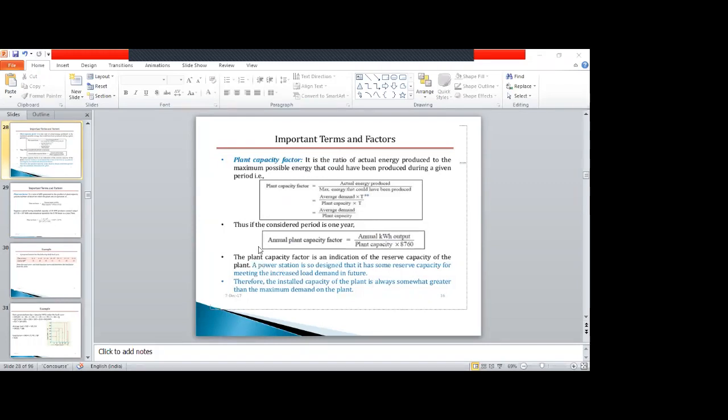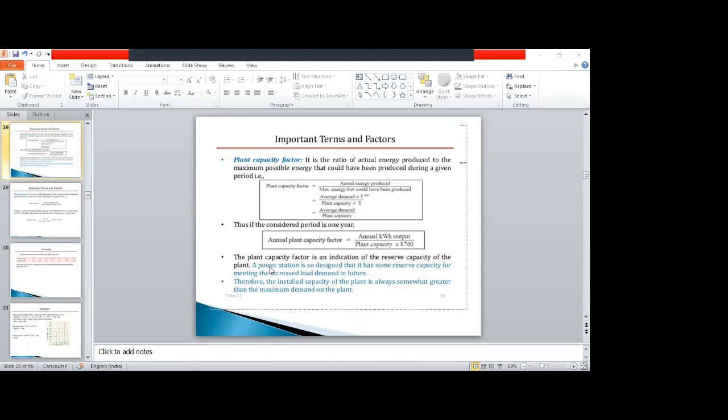So it is a very important factor. Plant capacity factor is an indication of the reserve capacity of the plant. In a power station, there are many units generating the power. In case there is a sudden increase in the load demand, we should have a reserve capacity. For example, there may be 10 units or 10 generators.